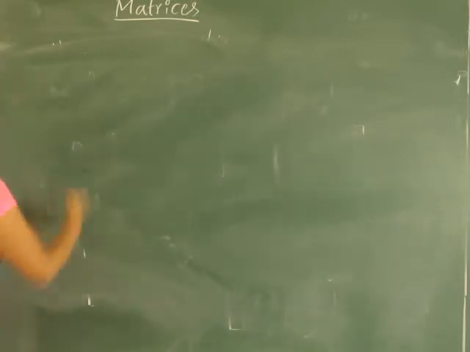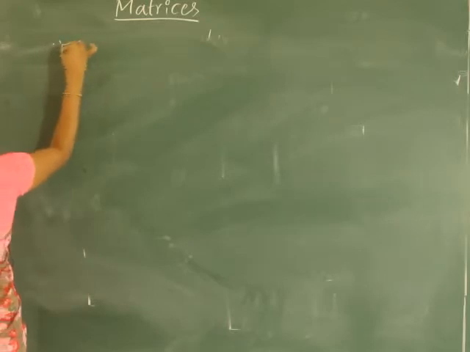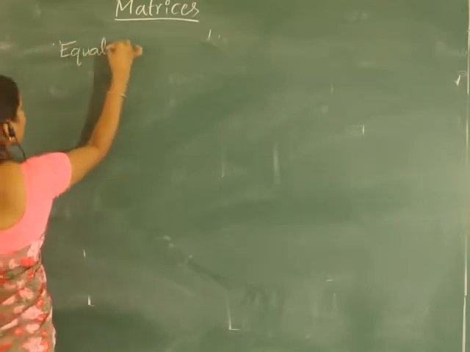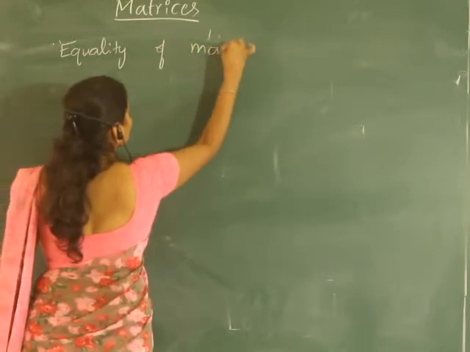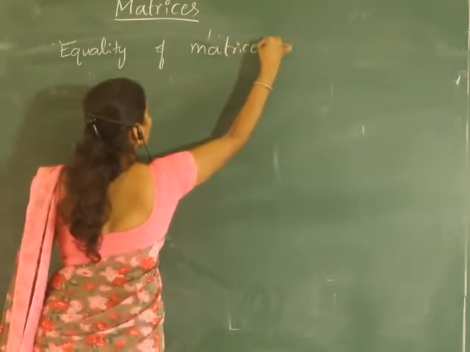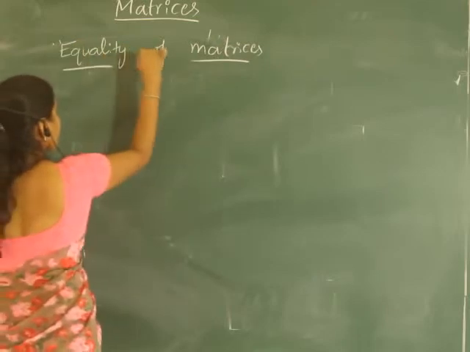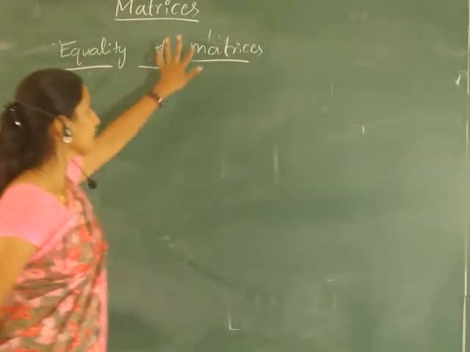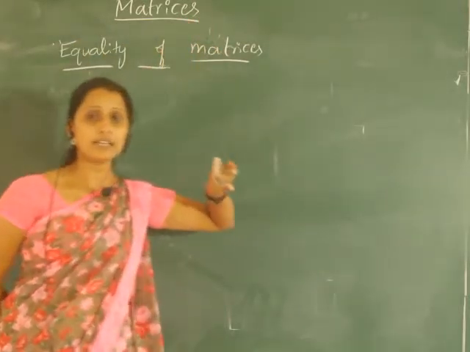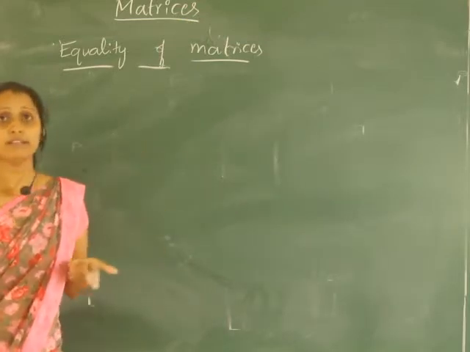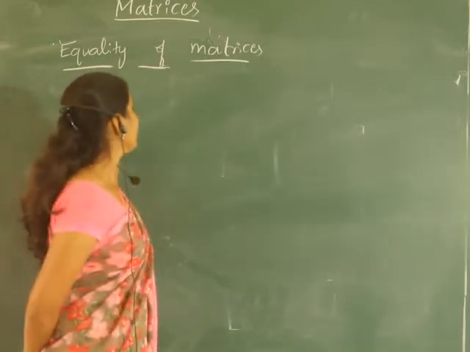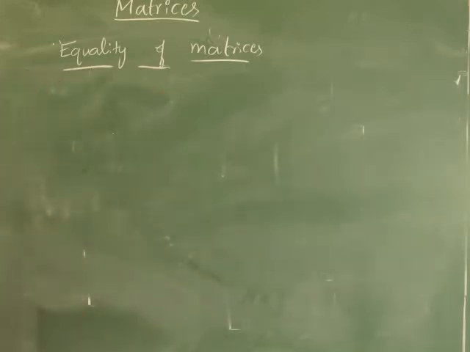Next is equality of matrices. When it is single, we call it a matrix. If it is more than one, then it is called matrices. So what is equality of matrices?